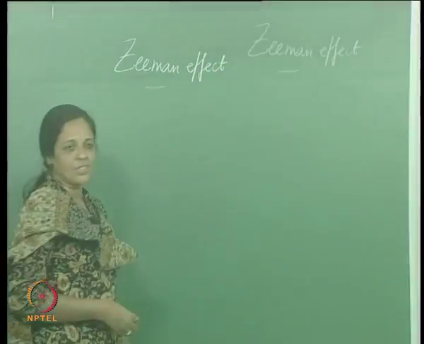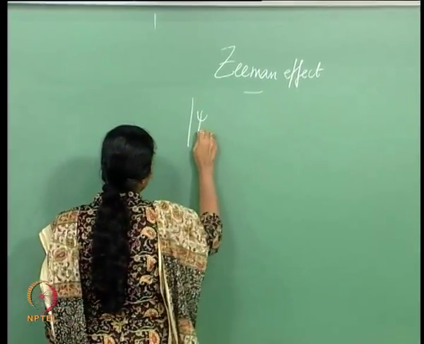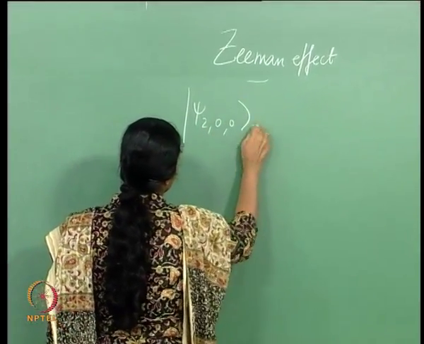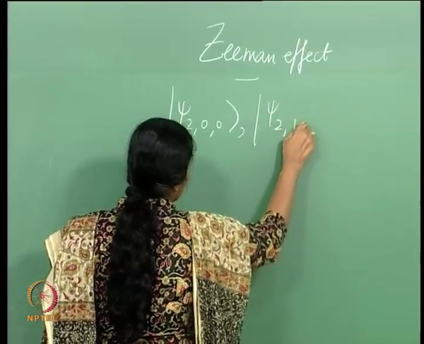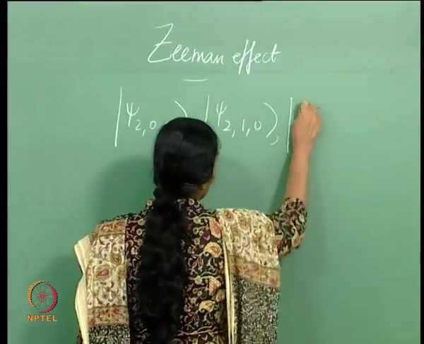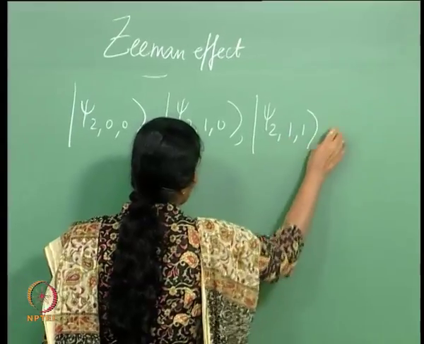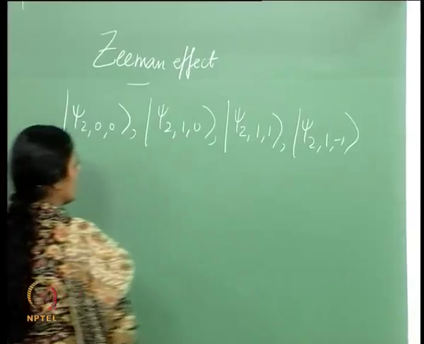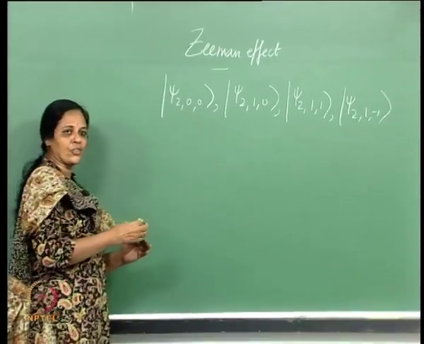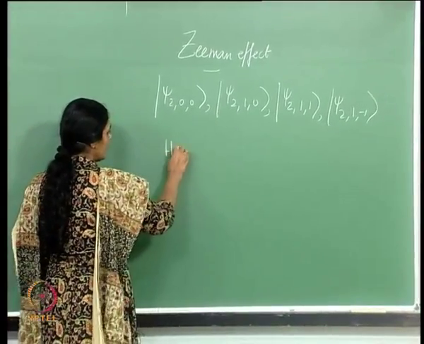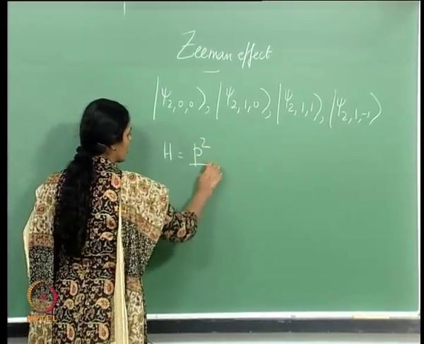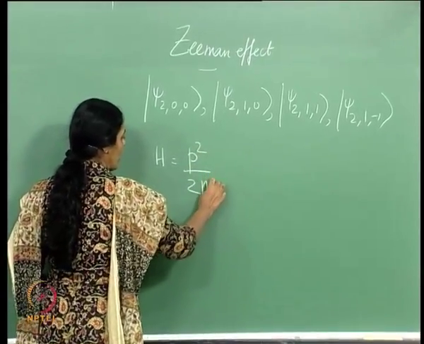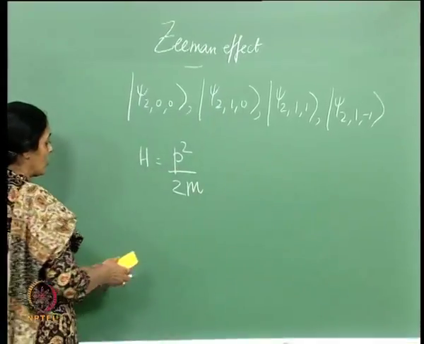Once more I have the same states, psi 2 0 0, psi 2 1 0, psi 2 1 1 and psi 2 1 minus 1. And I now consider the electron with momentum p. The free Hamiltonian, of course, is p squared by 2 m, but let us be careful about the notation.